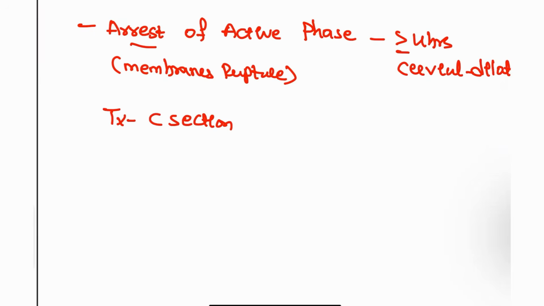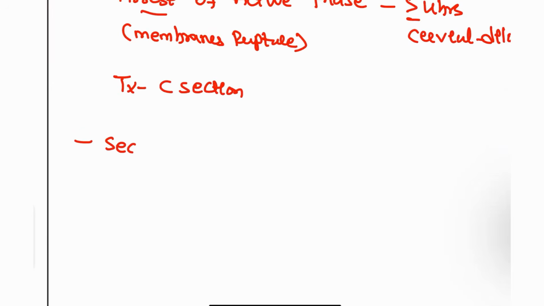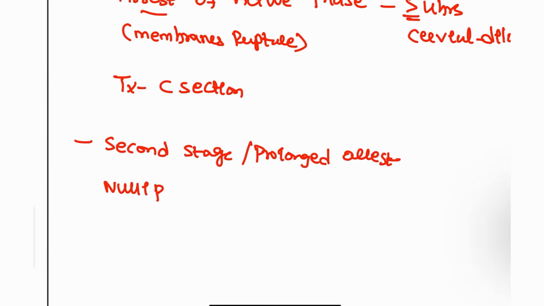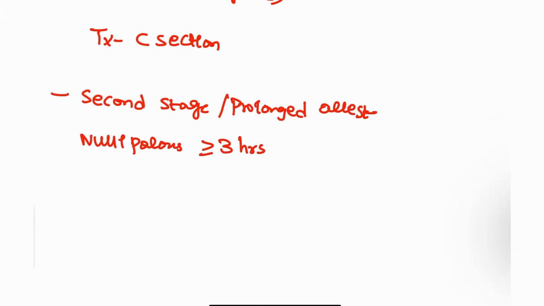Next, last one. This is the second stage, known as the prolonged second stage arrest. What does this mean? A nulliparous woman for more than or equal to 3 hours, or a multiparous woman for more than 2 hours, has no change in the cervical dilatation and is still in the second stage only.